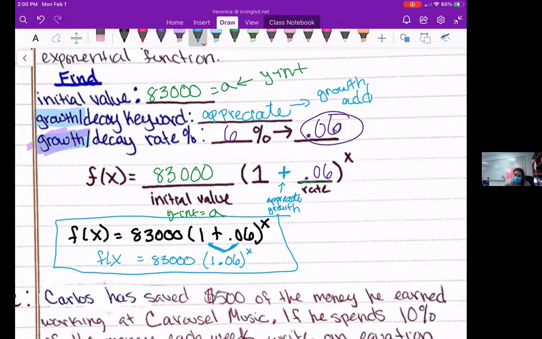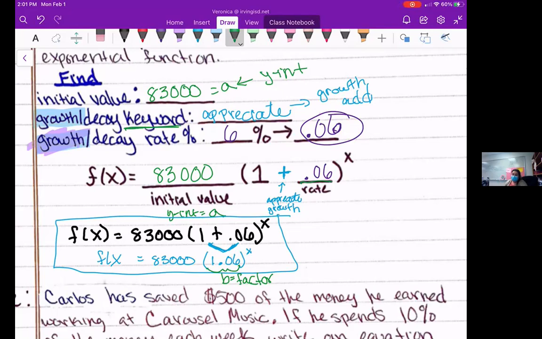Okay, so what do I mean by that? So right here, this is your factor, which is your B. B equals factor. You know that if it's bigger than 1, it has to be growth. If it's smaller than 1, it has to be decay. You see the keyword appreciate.